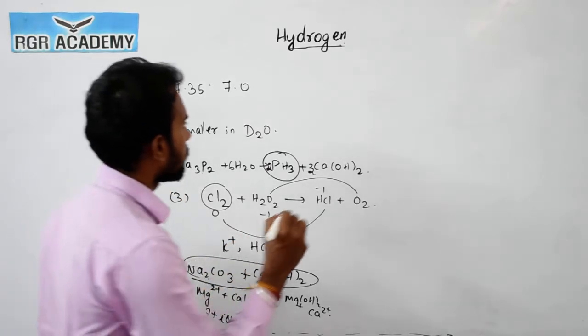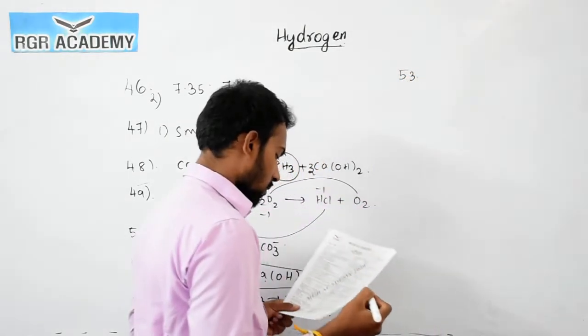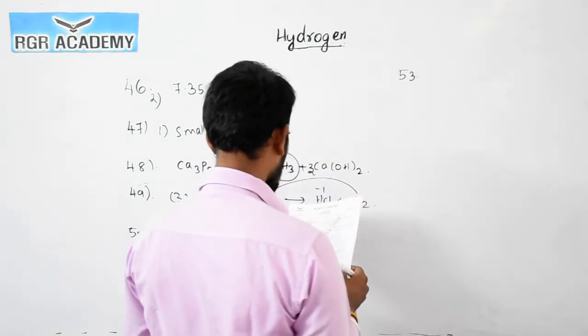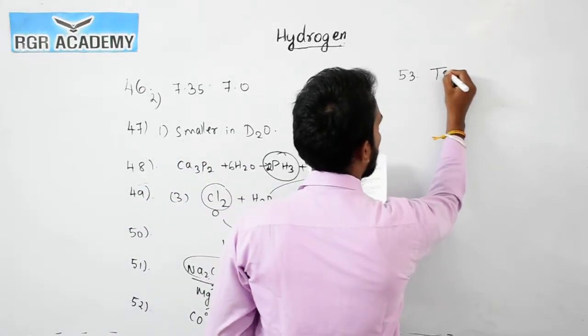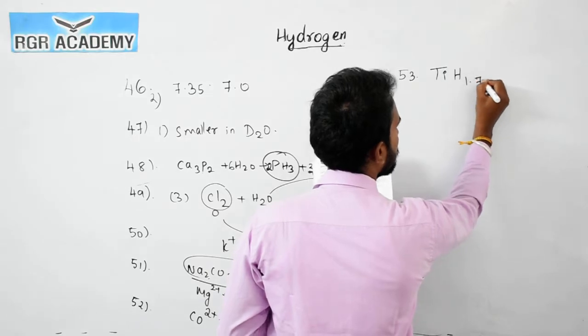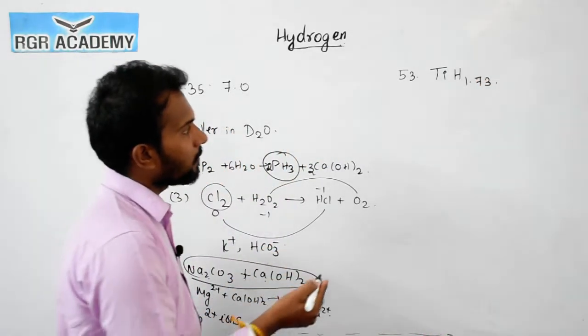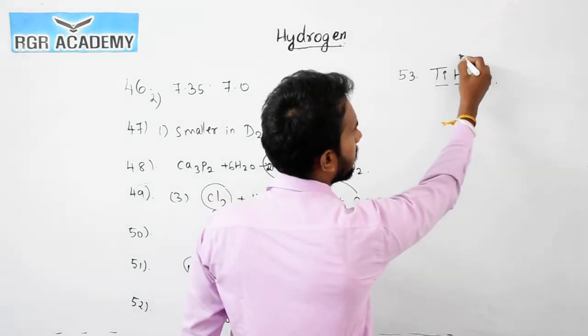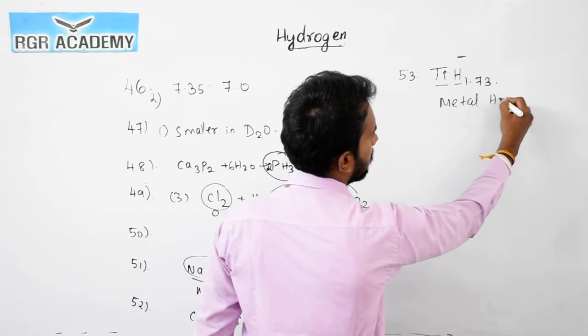Now question number 53: TiH 1.73. This is a non-stoichiometric ratio. It is an example of a metal and hydride, H minus, right? So it is called a metal hydride.